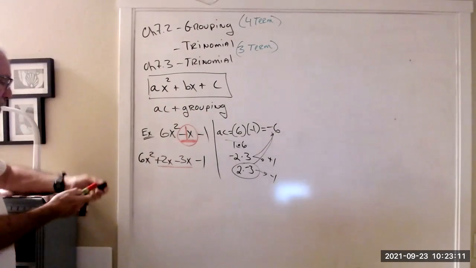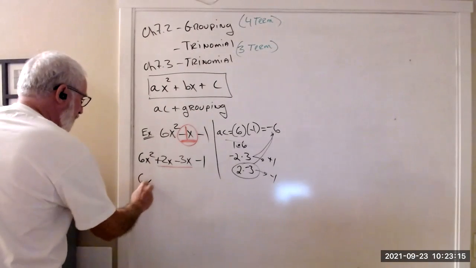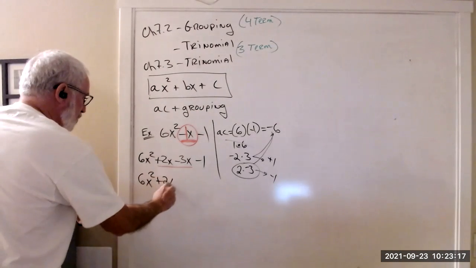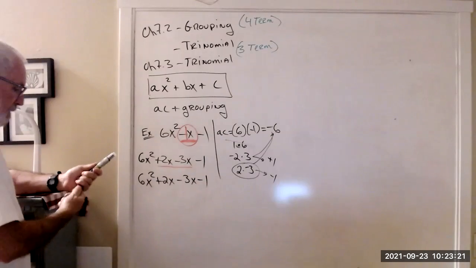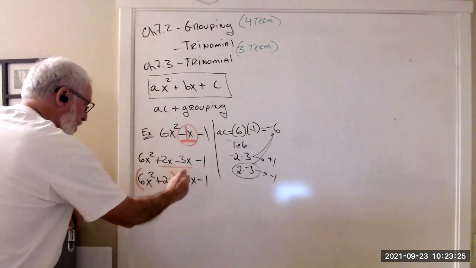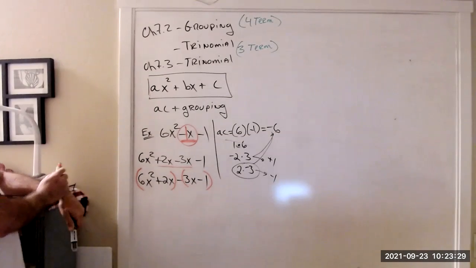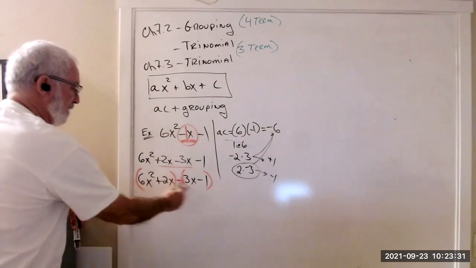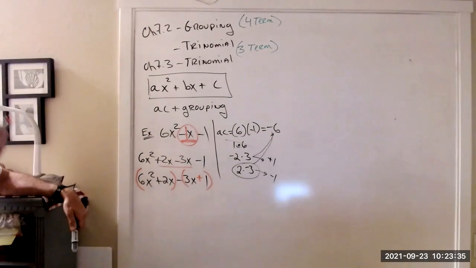So I'll pick this up a little bit. Again, I write it twice: 6x squared plus 2x minus 3x minus 1. Slap in some parentheses here, parentheses here. Oh, this is that minus trick. I've got to cheat and call that a plus.